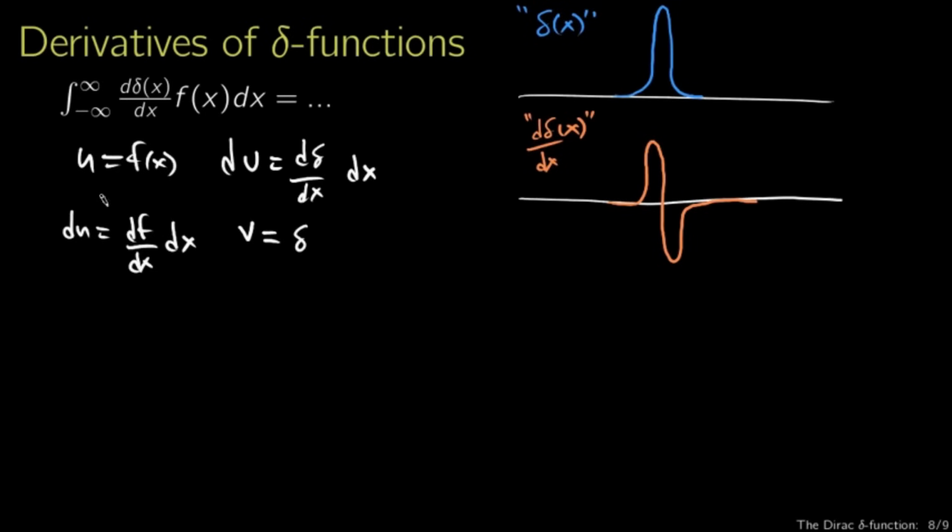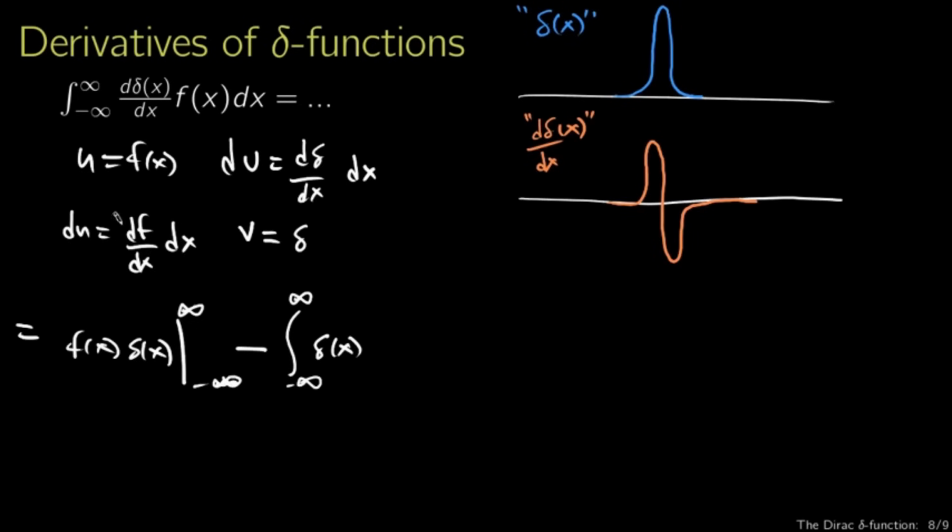So integration by parts tells me my term without any derivatives in it, f of x delta of x, evaluated at the limits of my integral, in this case minus infinity to infinity, minus the integral of the terms with derivatives in them: the integral from minus infinity to infinity of delta of x times df dx dx.